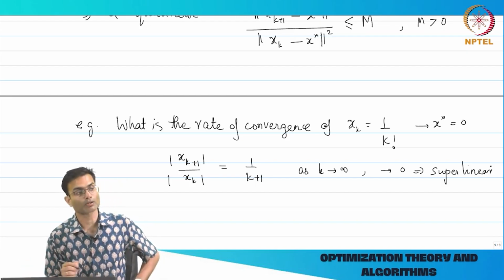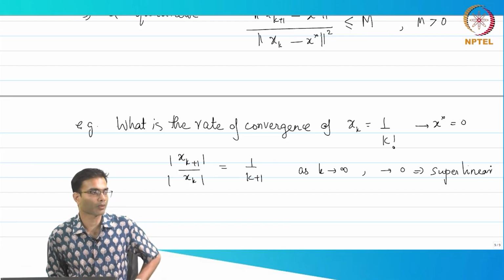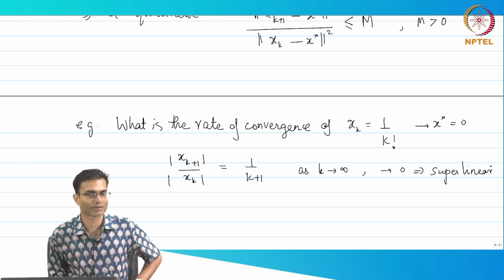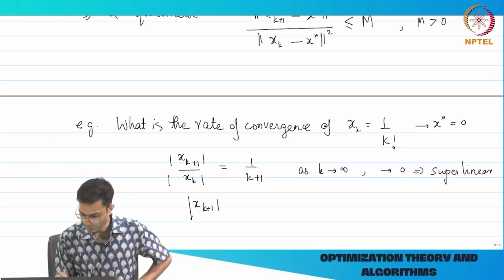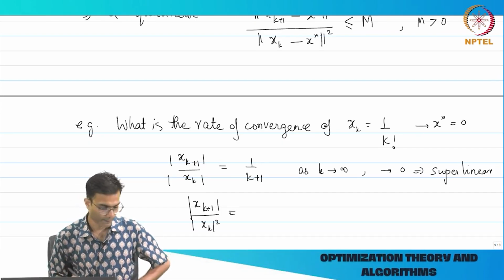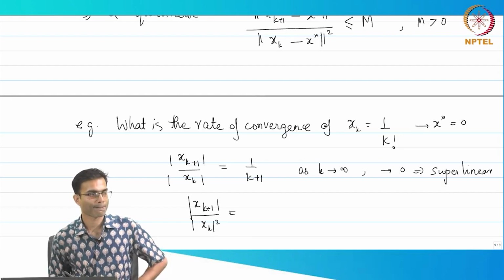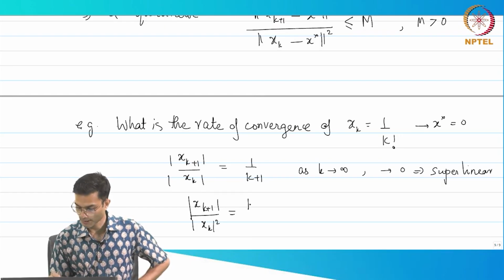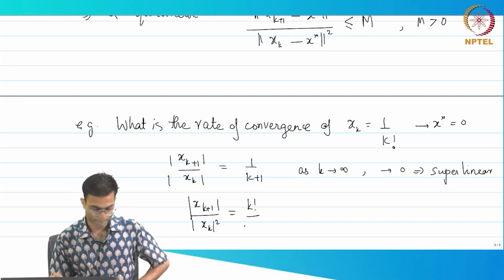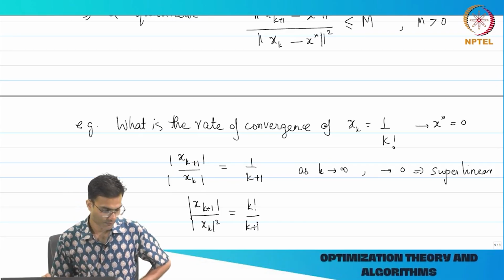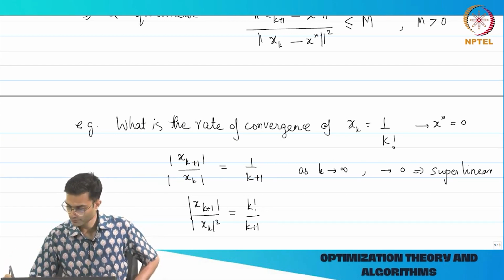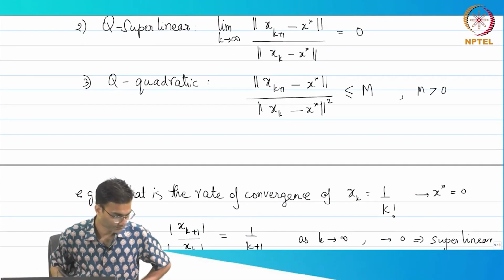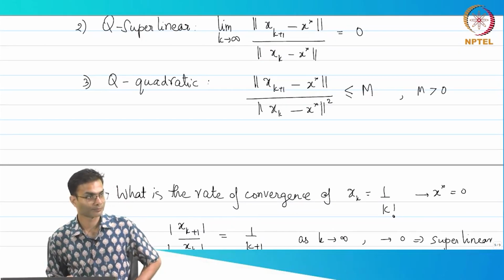Okay. Can it also be quadratic? I mean, we found this satisfies superlinear, but is it also quadratic? Let's just check. So I take xk plus 1 divided by xk squared. What am I going to get? K factorial divided by k plus 1. What is this limit as k tends to infinity, or for large k? Infinity.